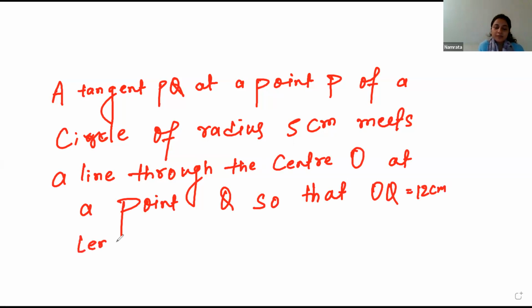The length of PQ is equal to? So a tangent PQ at a point P of a circle, let's draw.